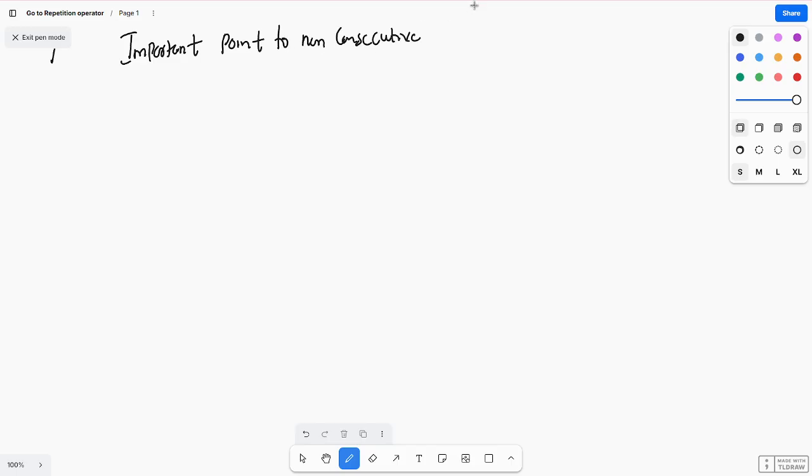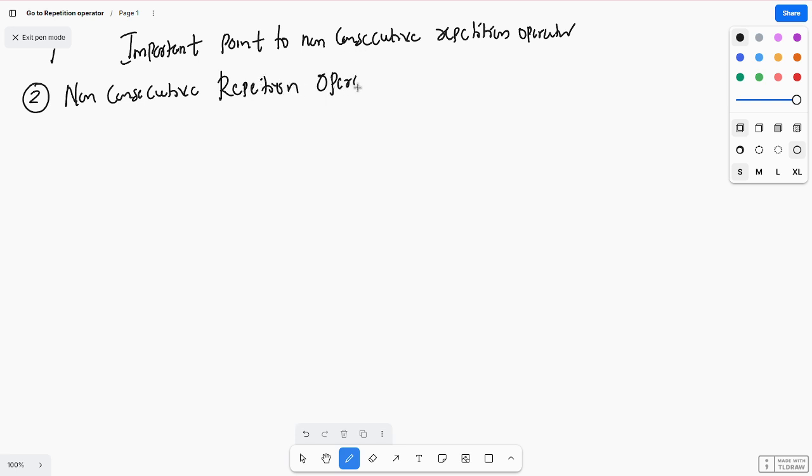Non-consecutive repetition operator, which we already saw in the last class, is denoted by equal to n.